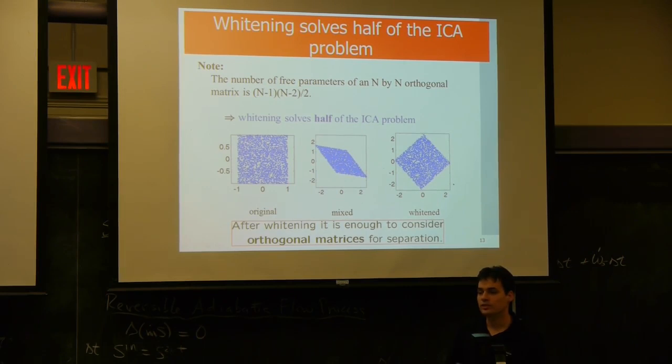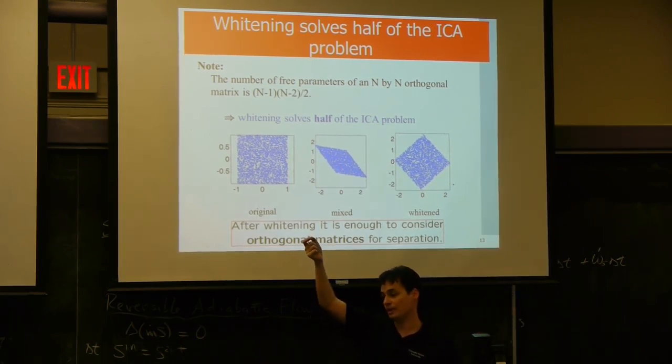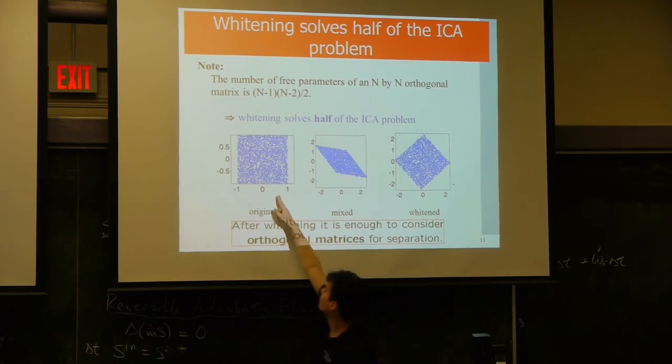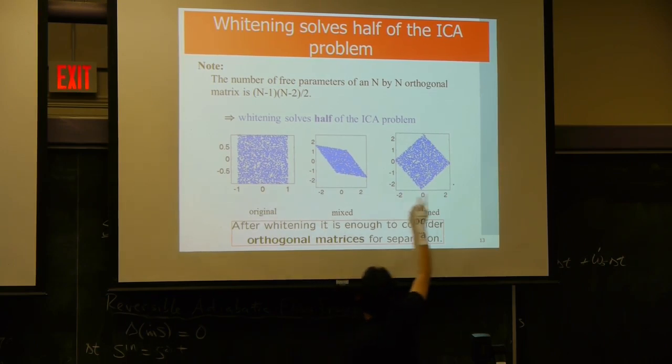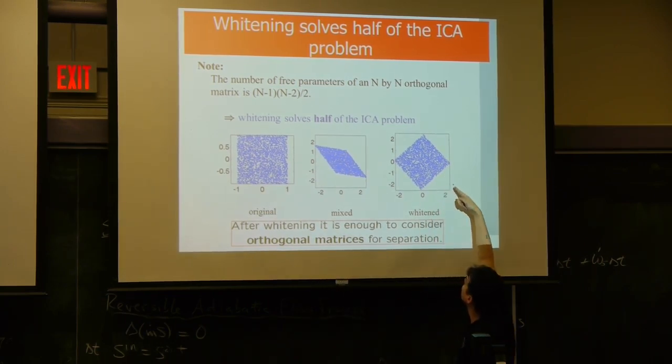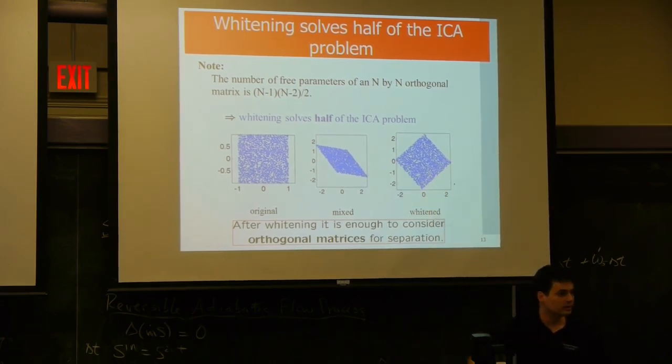What's the intuition? The intuition is that if you know, say, X1, it would tell you information about X2. Here, if I know S1, it doesn't tell me anything about S2. But here, if I know, say, X1 is this point, that tells me that X2 is this. So they are not independent anymore.